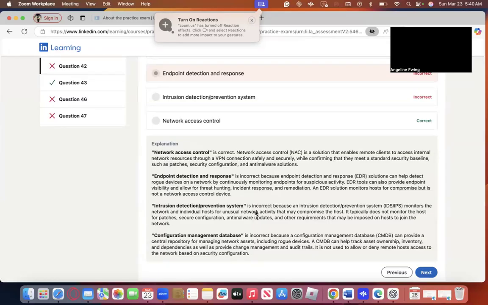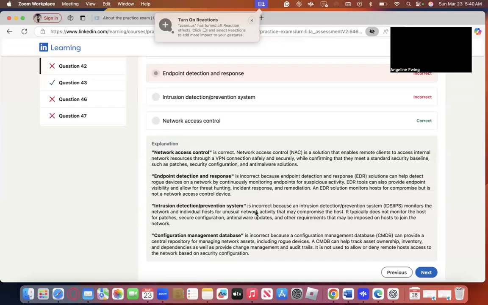Finally, configuration management is also incorrect because a configuration management database, CMDB, can provide a central repository for managing network access, including rogue devices.